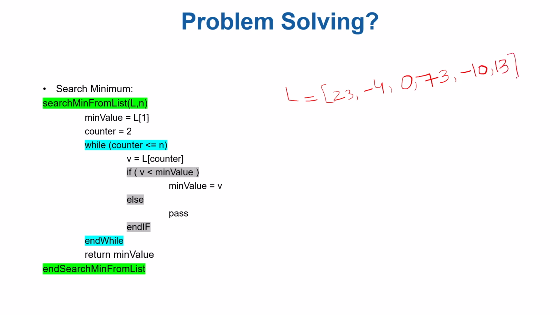That's a value. So let's just take an example where we have 1, 2, 3, 4, 5, 6 values in a list. We took the list here as L, and the list is expressed by these square brackets, and the elements of the list are separated by commas.